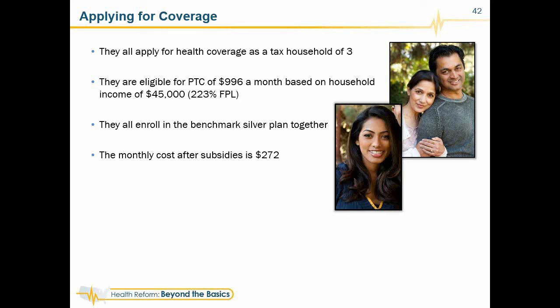So we don't include her income in their household income. And Priya and Jay, we said earlier, earned $45,000. So that's what the premium tax credit is calculated on. They all enroll in the Silver Benchmark Plan, just to make this less complicated. And their monthly premium cost after subsidies is $272.